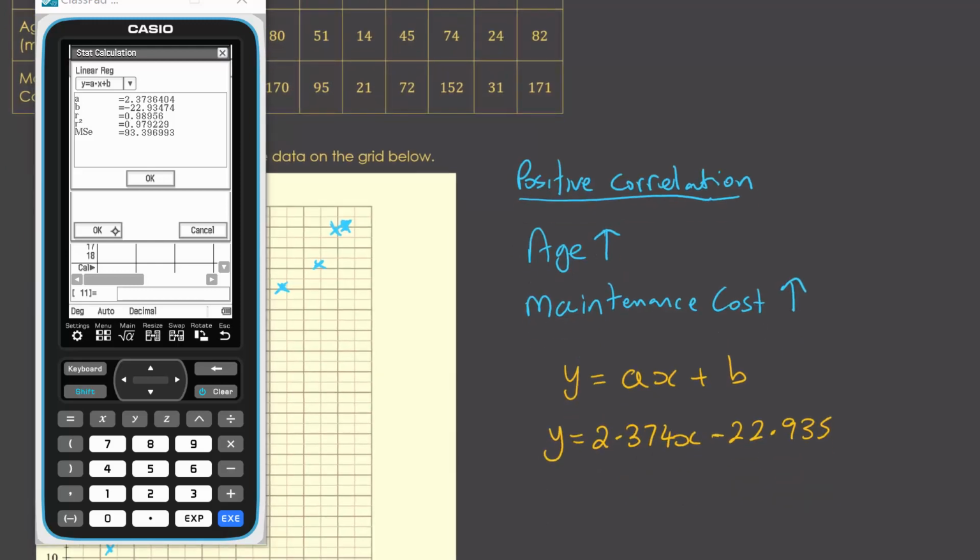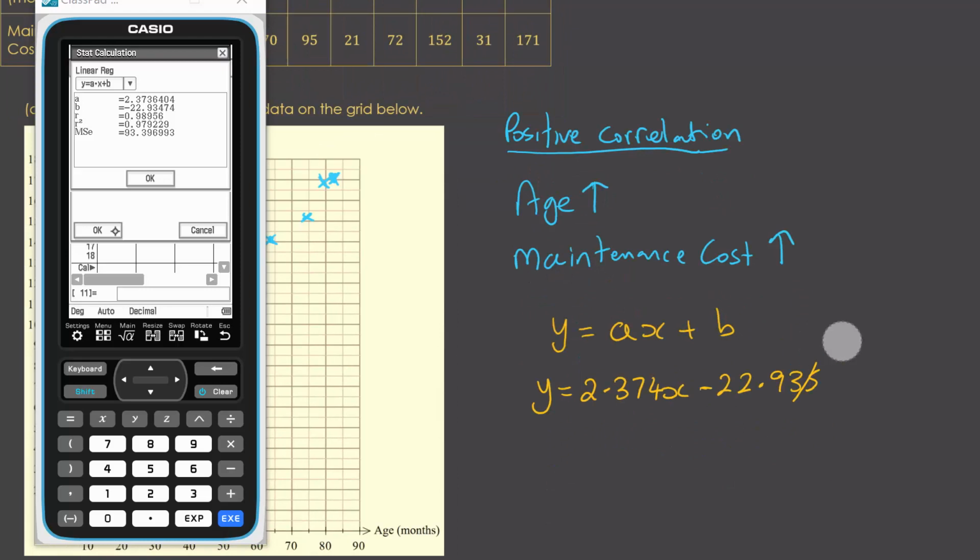At least the intercept makes no sense, because a negative maintenance cost would mean that they are paying you. But that is beyond the scope of the data, so we should not worry about that.